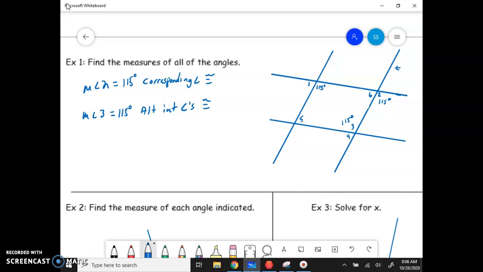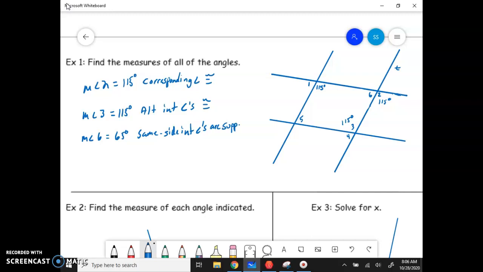So these are not congruent, but if we look on the other side of our note, we know that same side interior angles are supplementary. So angle 6 we can find by doing 180 minus 115 and we get 65 degrees because same side interior angles are supplementary.